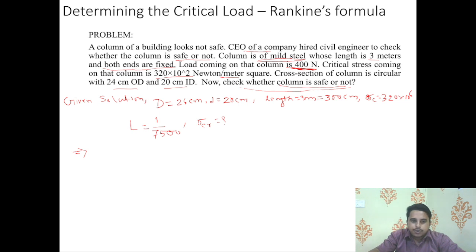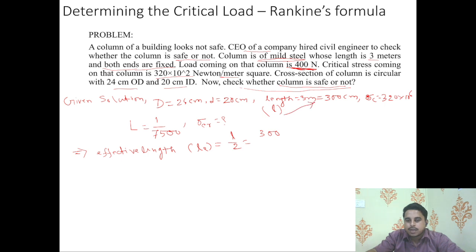We know from the previous class that the effective length of the column is given by LE is equal to L divided by 2. Here L is 300 centimeter, so 300 divided by 2, that is 150 centimeter, is the effective length.